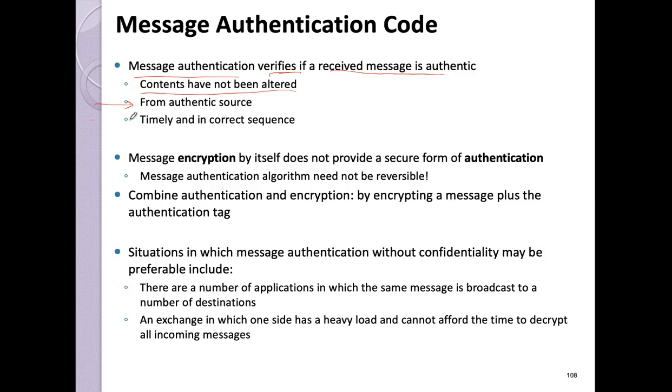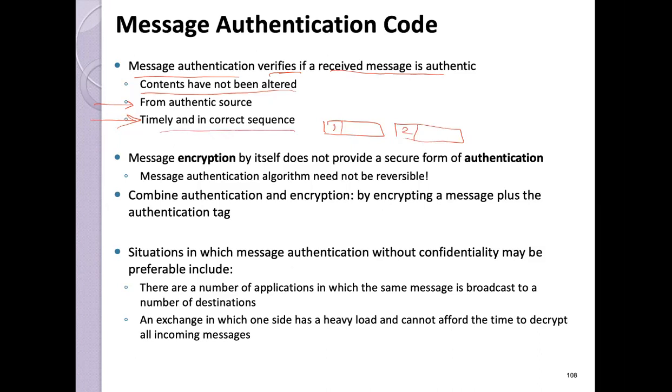And third, if there are time labels or sequence numbers, is this message carrying the right sequence number? For example, I have received message number 1, and now I'm waiting for message number 2. Is the message I received really message number 2? You may wonder how this may happen.